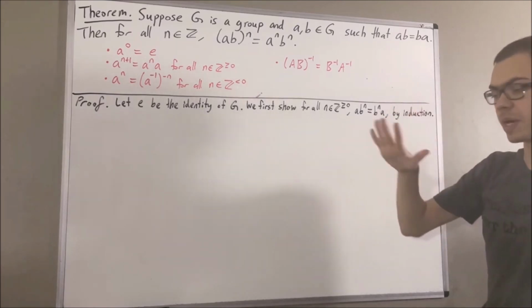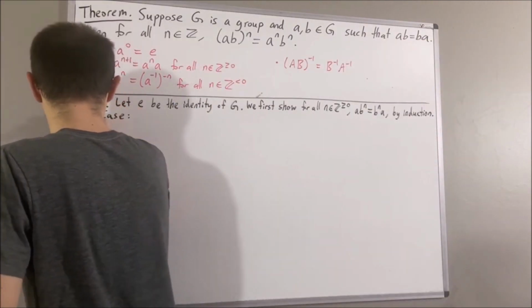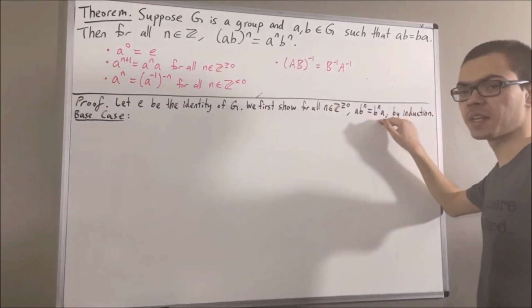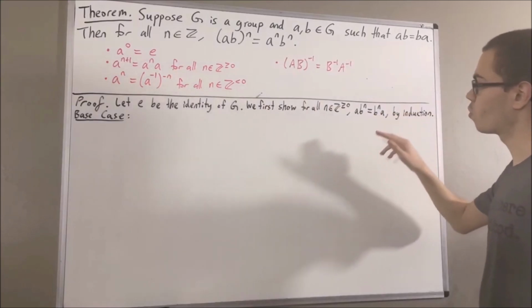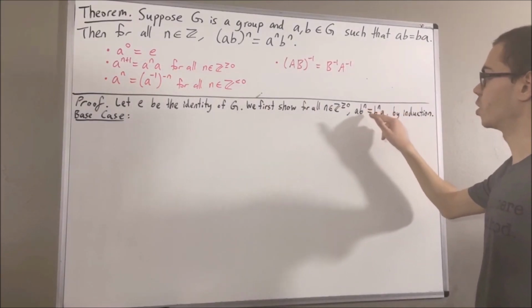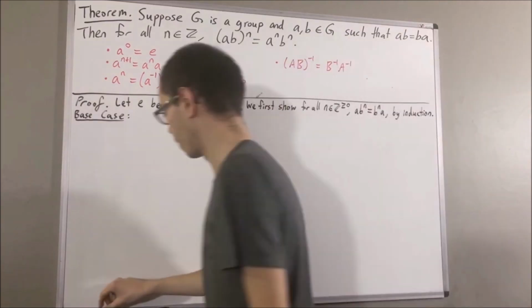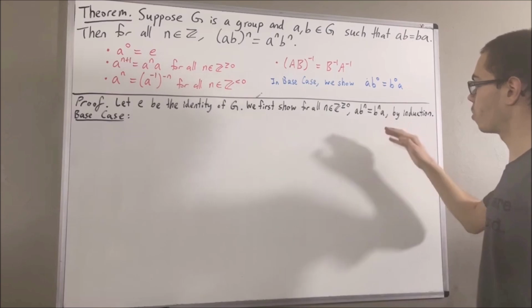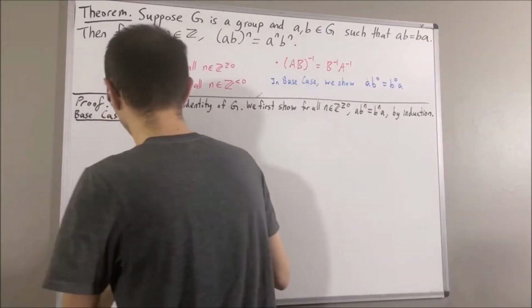So let's start with the base case. In the base case, we're trying to show that this is true in the case where n is equal to 0. So we want to show that a(b^0) is equal to (b^0)a. Let's start out by writing the left-hand side.